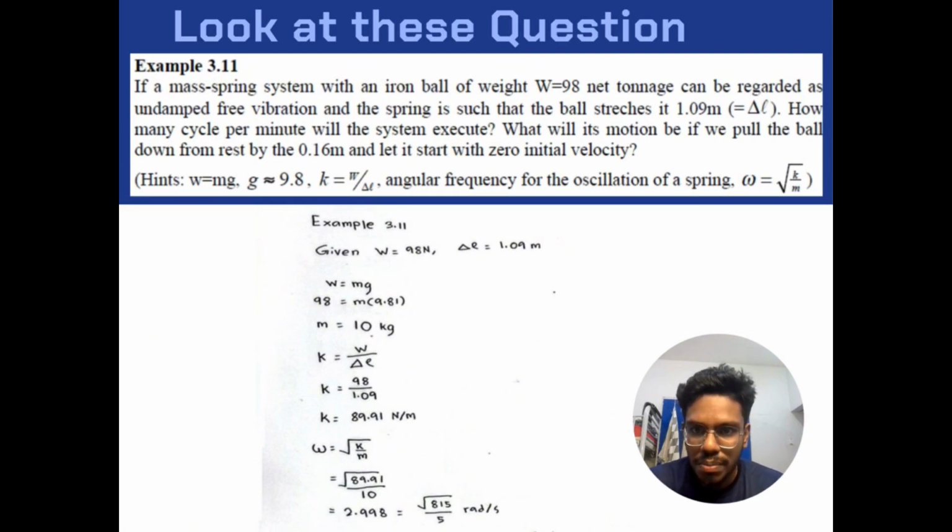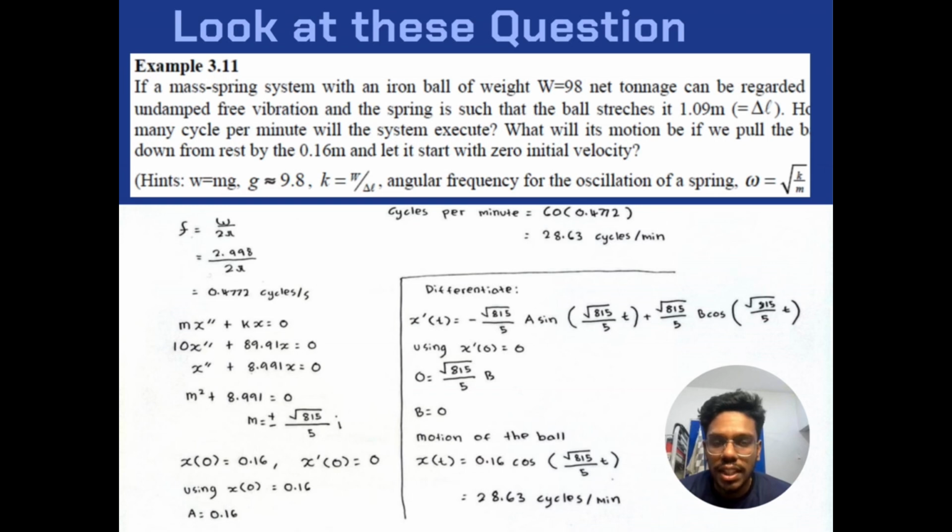With the spring constant 89.91 and m equal to 10, we get 2.998, which is square root of 8.991 radian per second. Next, we find the cycles per minute. Dividing the angular frequency 2.998 by 2 pi, we get 0.4772 cycles per second. Multiplying by 60, we get 28.63 cycles per minute.